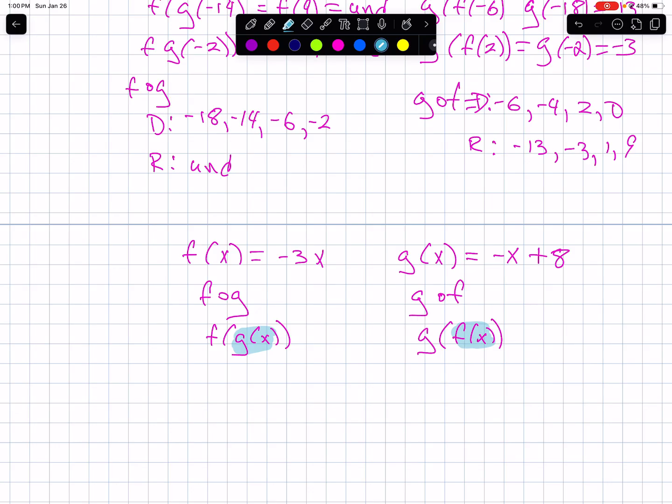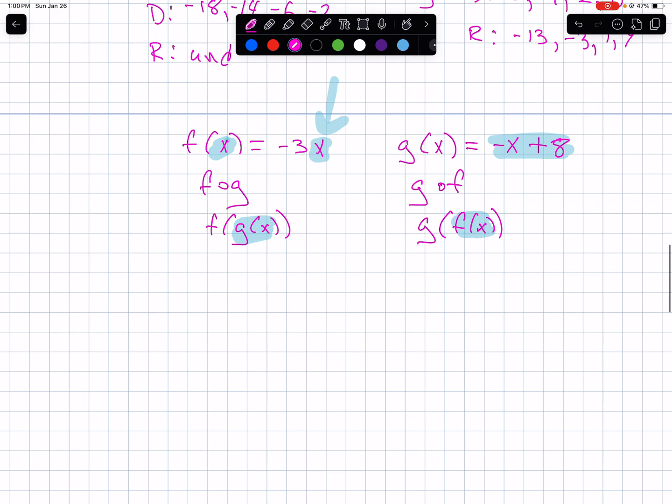So we're going to take g, so we take the whole function like this, and we plug it in for essentially that x, but really this x is the one that matters, right? So all we have to write for the f of g is like this. So we can say f of g of x. She'll probably make you write it like this as well. So g of x is negative x plus 8.